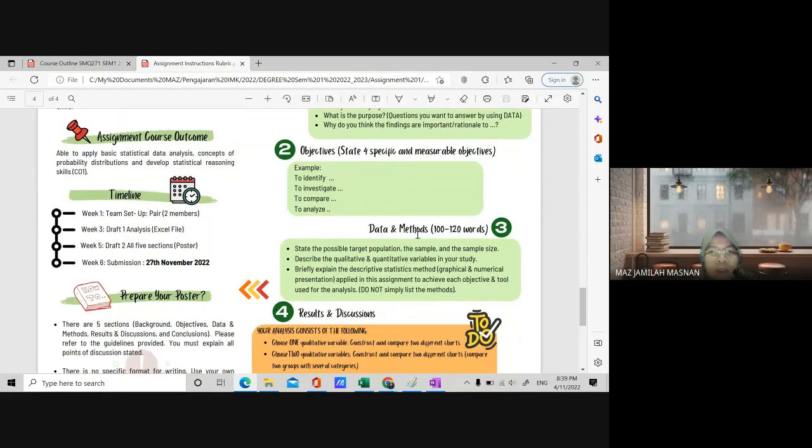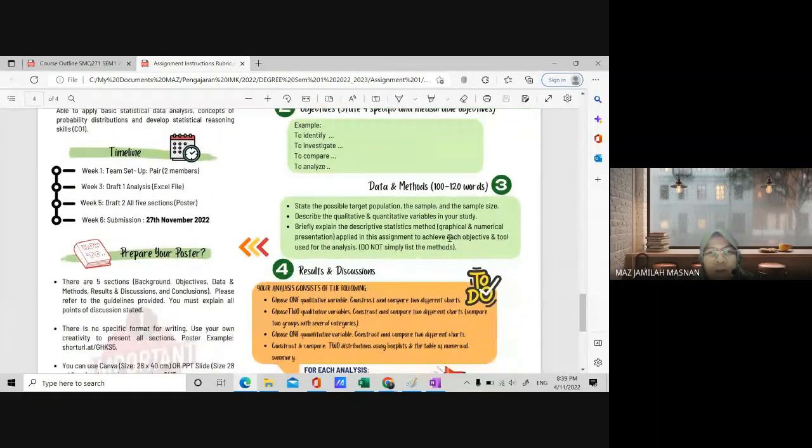Okay, and for data and methods, 100 to 120 words. The things that you should include in your poster would be to state the possible target population, the sample, and the sample size. Now, we have learned about population and sample size in the previous class.